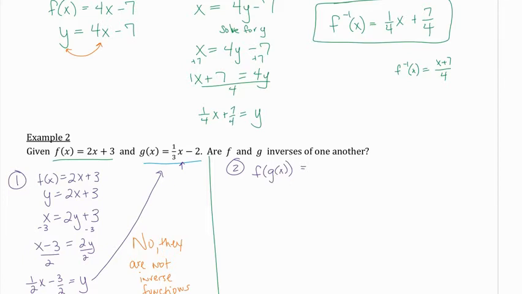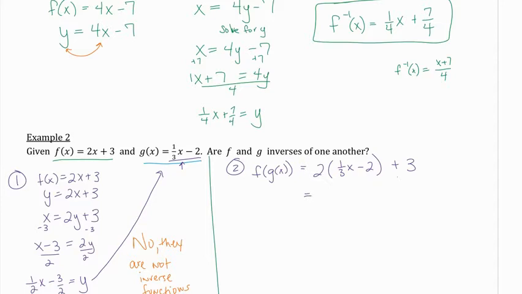So my f of x is 2x plus 3, so 2, but then instead of x, I'm going to plug in g of x. So I'm going to plug in 1/3 x minus 2, and then I finish off with plus 3. So there's that 2x plus 3, except instead of x, I'm plugging in what the function g is, right? That's my 2 there. Okay, and then I can solve that.